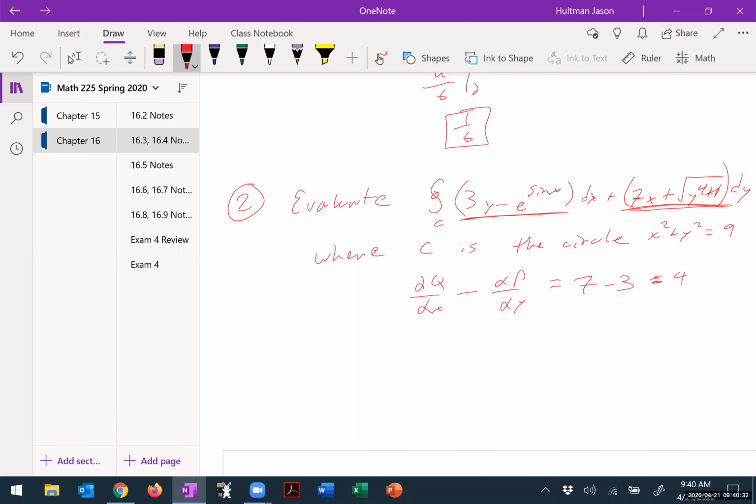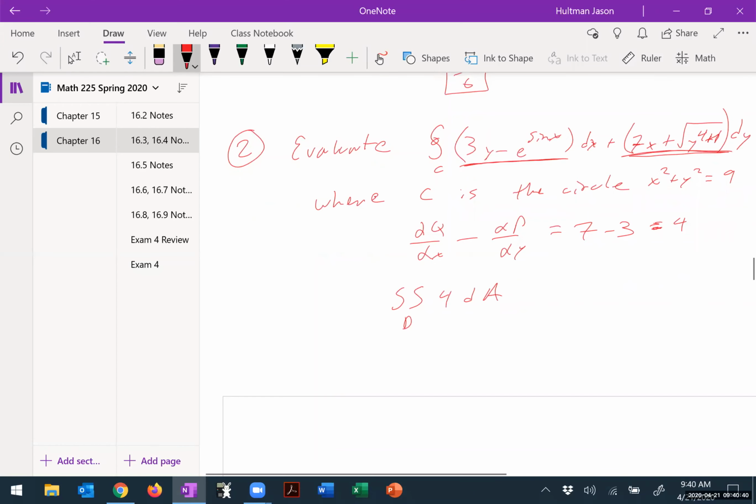So this is going to be the double integral over D of 4 dA. Well, what is my D in this case? My D is my region, the domain here, which is just a circle of radius 3.